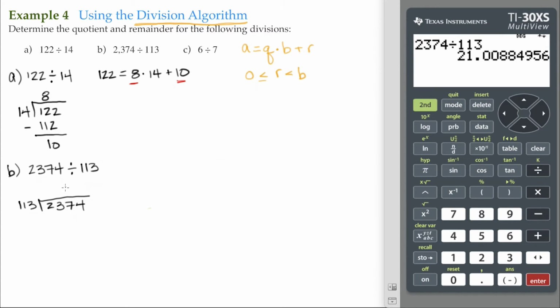That's 21. 21 times 113, that's 2,373. Then we subtract, and we have a remainder of 1. So writing this in terms of the division algorithm, this will be 2,374 equal to 21 times 113 plus 1. So our quotient is 21, and our remainder is 1.